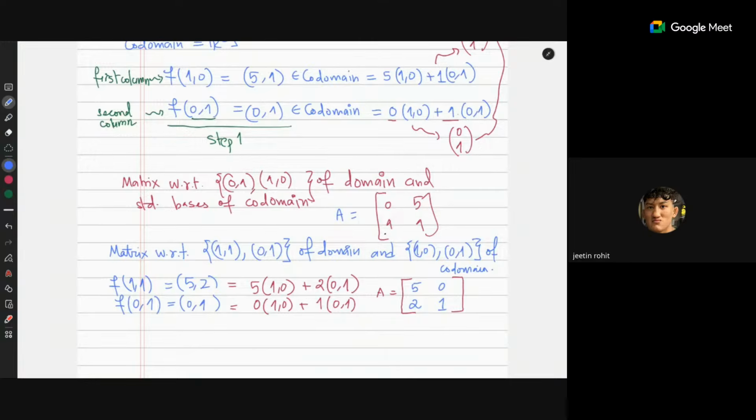Yeah, sir. So the purpose of using a basis over here is, graphically, to change the projection of whatever you have on the graph, right?